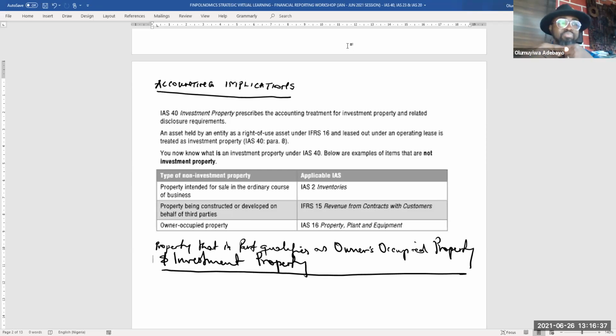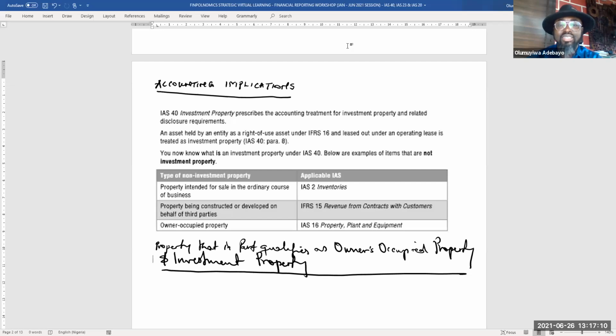Which means that if you look at the quality of it, you find out that a significant part of the property from what Enaro gave is used solely for the administrative purpose of the business. Therefore, that insignificant part that is occupied by renters will not have necessarily qualified to be recognized in part as investment property. And therefore, that will be a dicey situation.